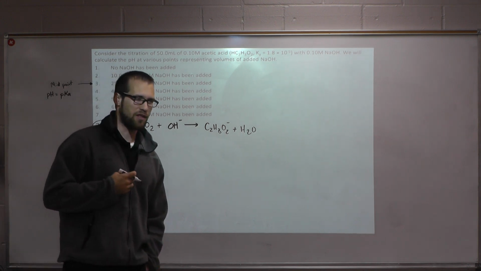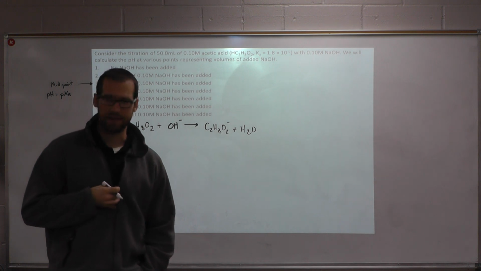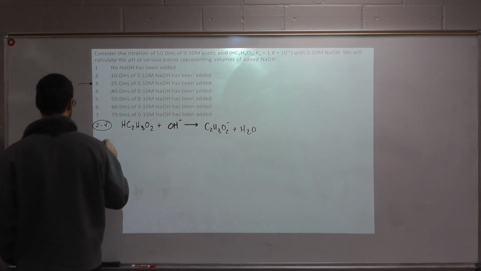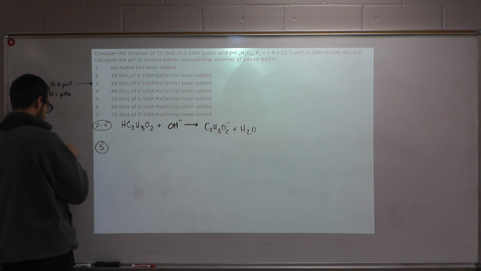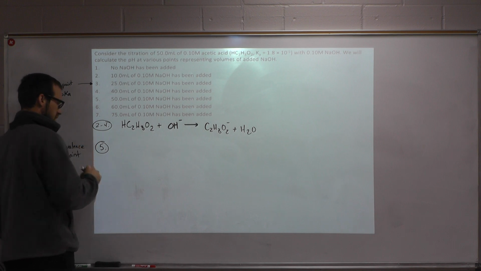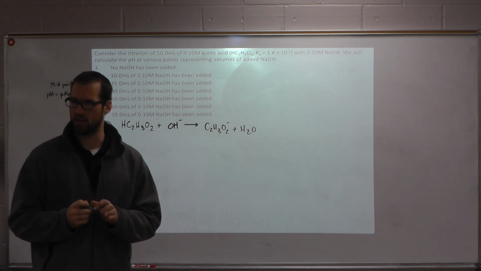The first step was doing just a weak acid problem. And then we got into number 5, which we said was the equivalence point. And what did I say was the definition or meaning of the equivalence point?